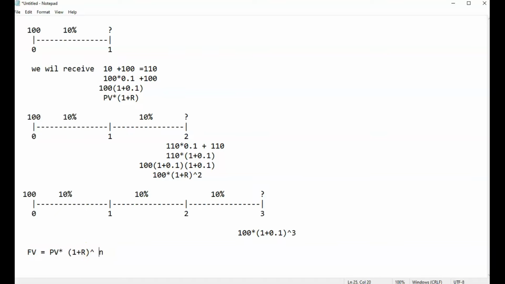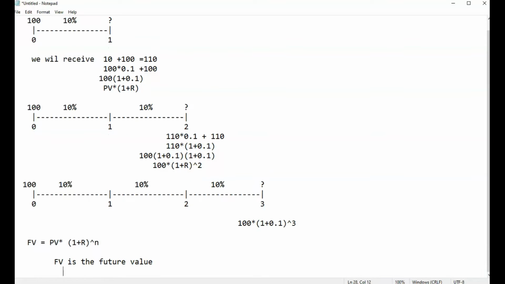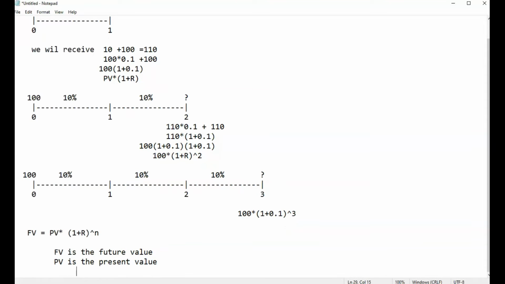Again, this is the future value, and PV is the present value. R and N should have the same frequency.